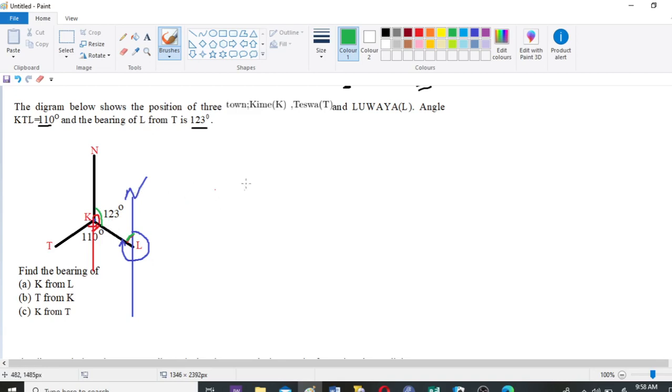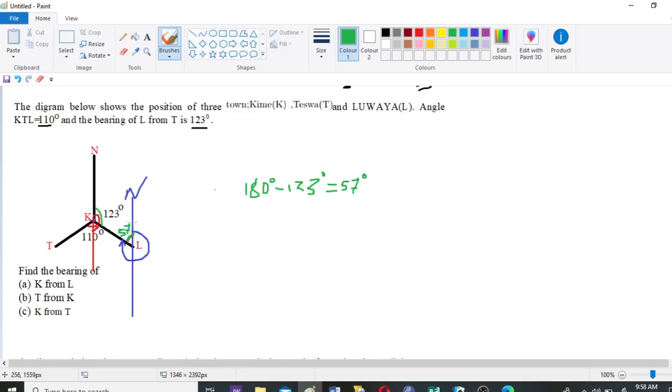So 180 minus 123, we are getting 57 degrees. This 57 degrees is the size of this angle here.